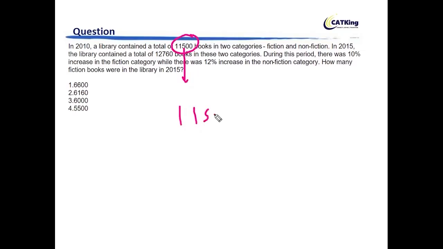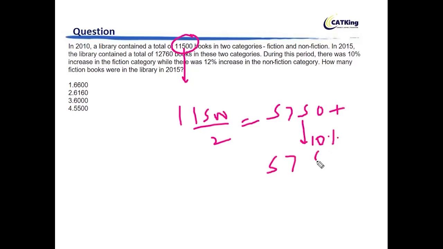So 11,500, if you divide by 2, this becomes 5750. So the fiction books should be more than this. If you just increase by 10%, this becomes 5750 plus 575, so this becomes 6325, and your fiction books in the end should be more than 6325.